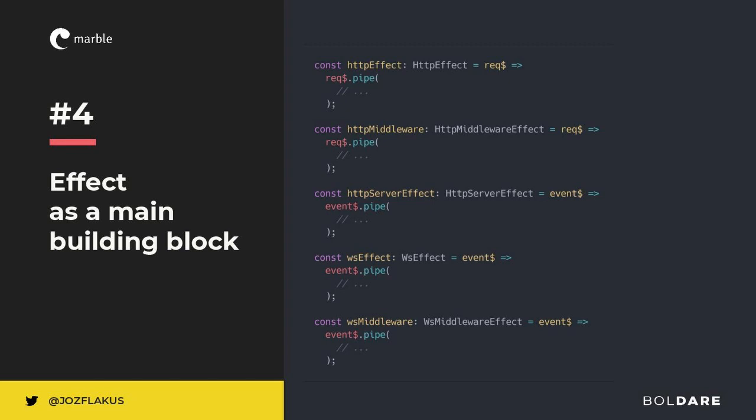But yes, generics are used there, and also thanks to those generics we can have type safety in our middleware, so our middlewares can return properly typed HTTP requests.